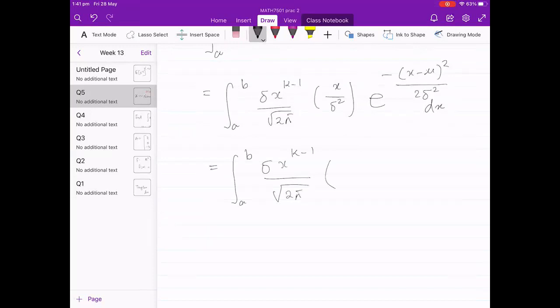This can be written as (x minus mu) over sigma squared plus mu over sigma squared.